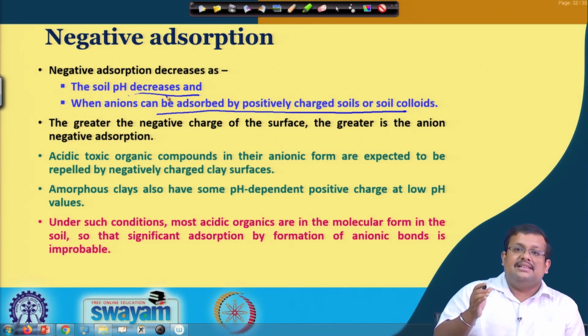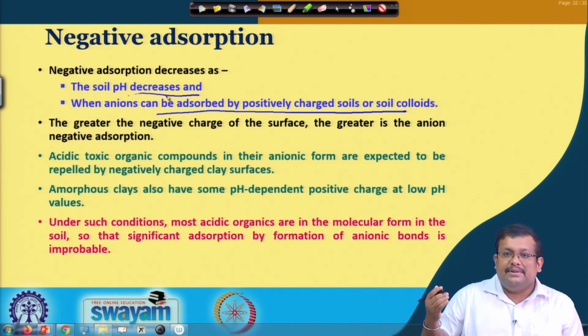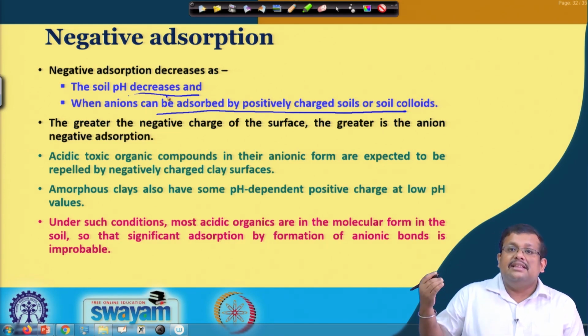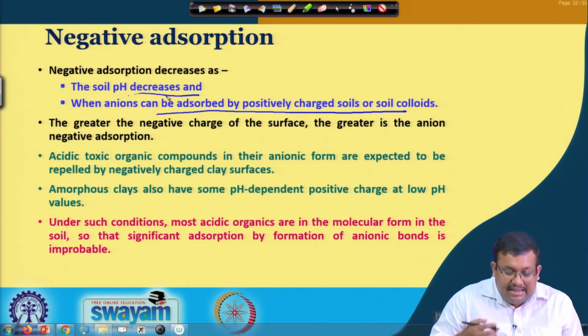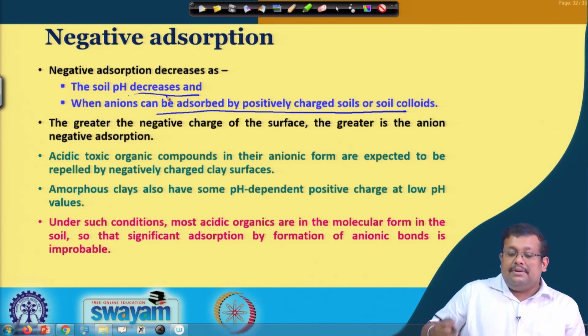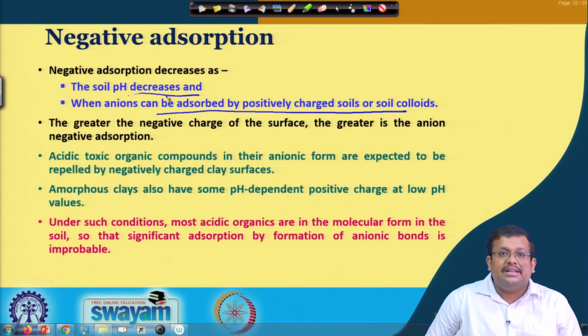Because when the pH decreases, there will be formation of positively charged, pH dependent charge. As a result, there will be attraction between these anions and the positively charged surface, reducing the negative adsorption. Similarly, anions can be adsorbed by positively charged soils or soil colloids. So, these are two conditions in which we can see reduction of negative adsorption.